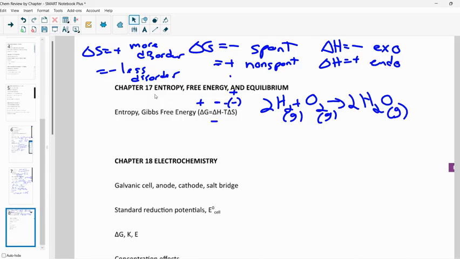And then we have the opposite, endothermic, but becoming more ordered. So now at low temperatures, my delta H is positive, but at high temperatures, my minus T delta S term is going to become more important, and it's going to be spontaneous. Good? Good.